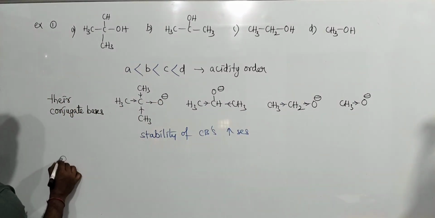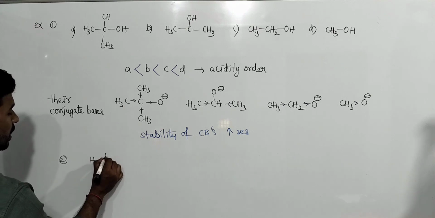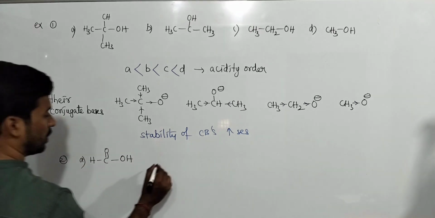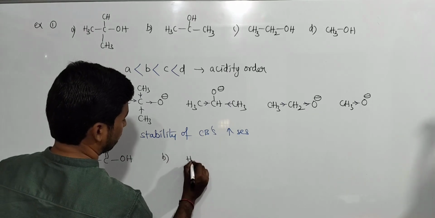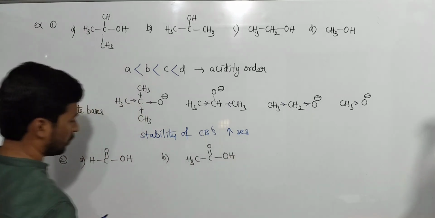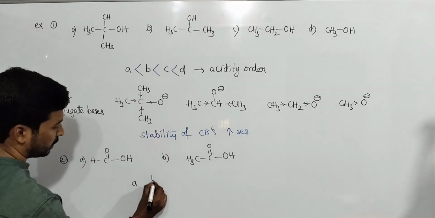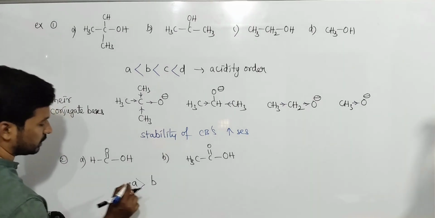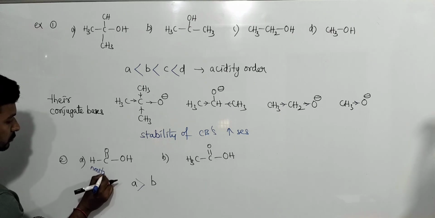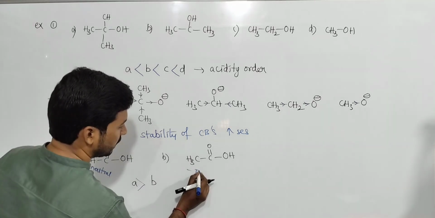If you compare formic acid and acetic acid, which one is the stronger acid? Definitely A is a stronger acid than B, because this is neutral and this is a plus I group.